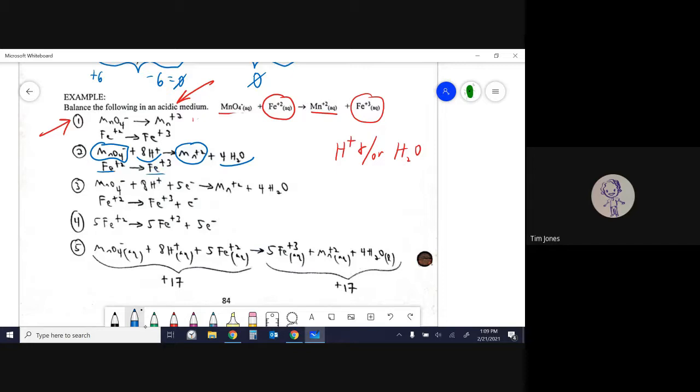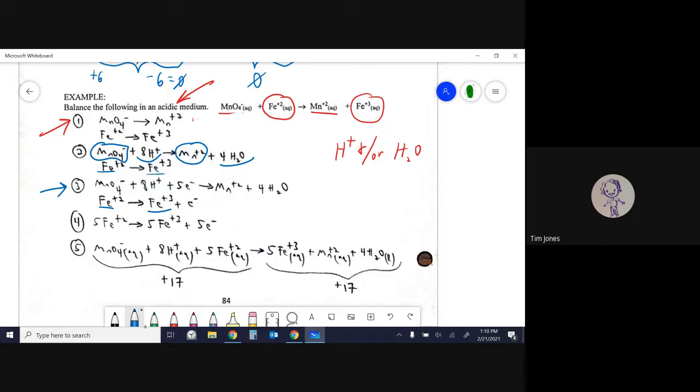Okay, now step 3, we need to start looking at electrons and whether they're gaining or losing and how many. Let's do the iron first, it's easier. It's going from plus 2 to plus 3. Look at it this way. If iron plus 2 gained electrons, it would go from plus 2 to plus 1 to neutral.